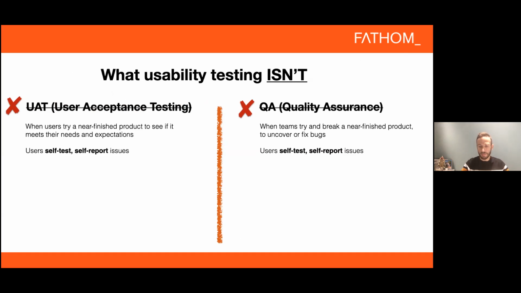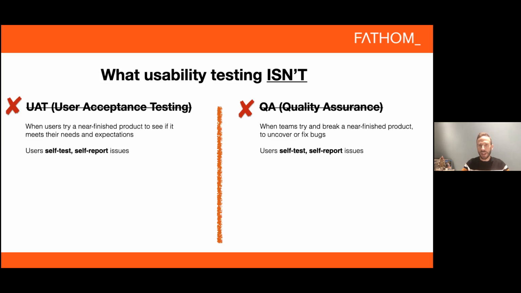Some people or some teams might think, okay, if we as a team invest time in testing a product to see if it is going to meet the needs and expectations of the users we are designing this for, that is a method of self-reporting and self-testing, which isn't usability testing. That's you validating your own assumptions and making sure that it works from your perspective.